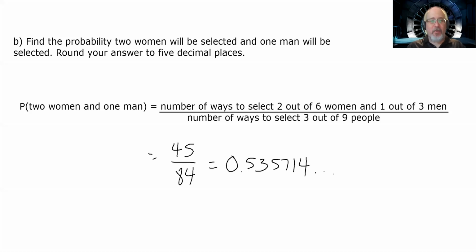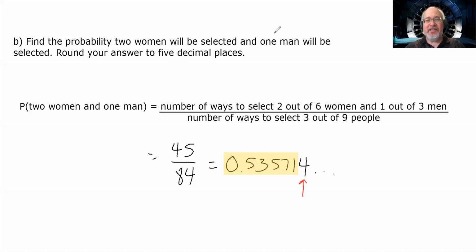The first 6 decimal places of 45 divided by 84 are 0.535714. The reason I took it to 6 is because we are rounding to 5, which means we have to look at the 6th decimal place to decide how to round.